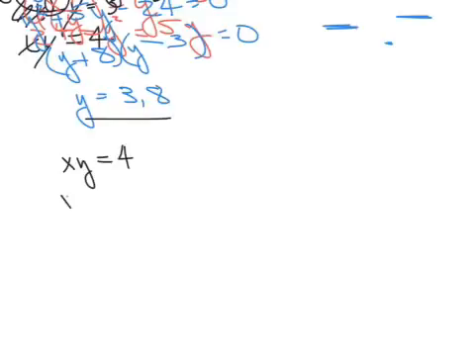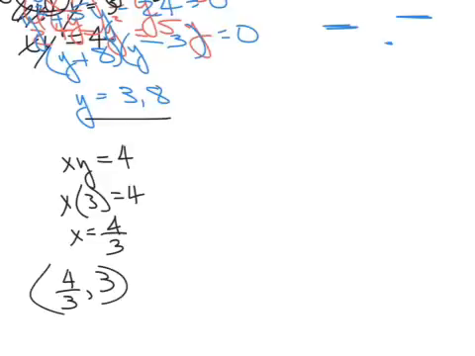And I'm going to put a 3 in for y. And x equals 4/3. So when x is 4/3, y is 3. Now I'm going to take the same equation and I'm going to put in negative 8, I'm sorry.